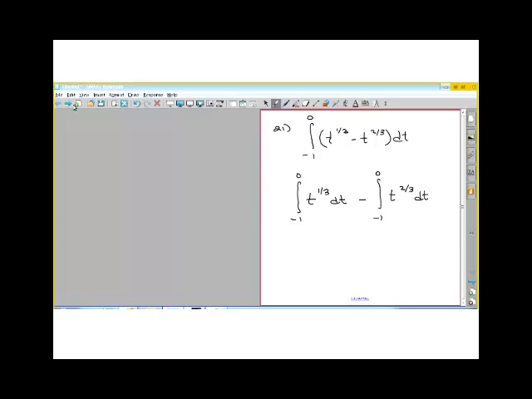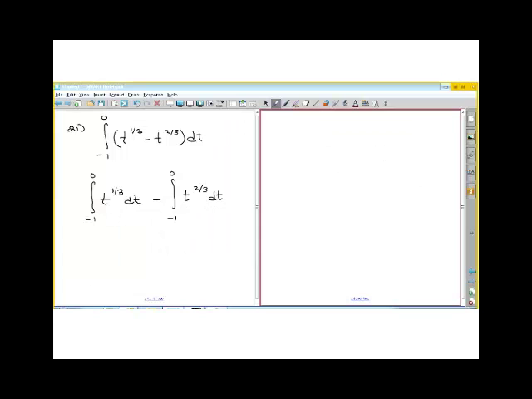These are just polynomials, so we use the power rule. So when we integrate t to the 1/3, we add 1, we get t to the 4/3, we divide by 4/3. When we integrate t to the 2/3, we get t to the 5/3, divided by 5/3. So that's the integration, and then we evaluate the integral between the two limits.